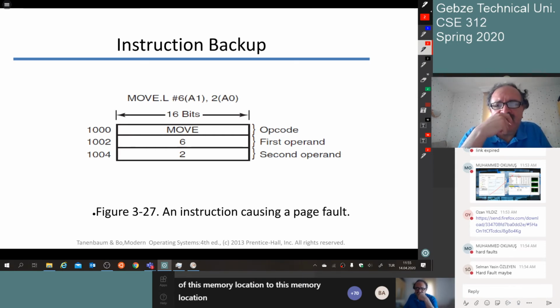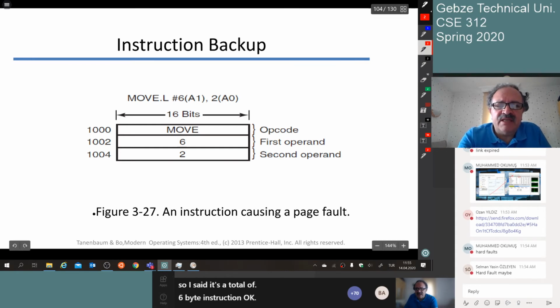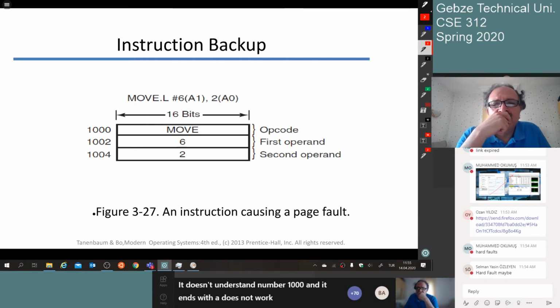It's a Motorola 68000 instruction. So it's a total of 6 byte instruction. It starts at address number 1000 and it ends with address number 1005. So it's a 6 byte instruction.